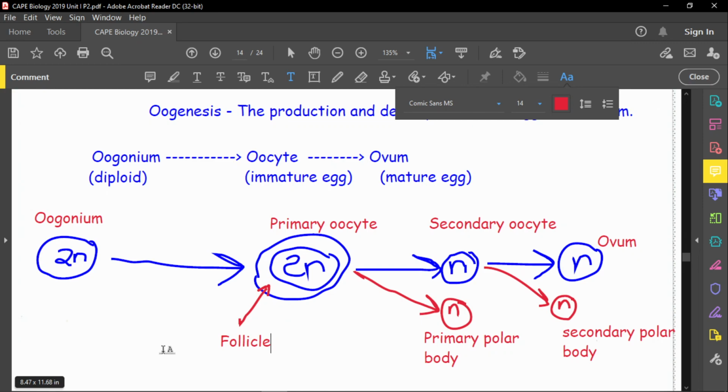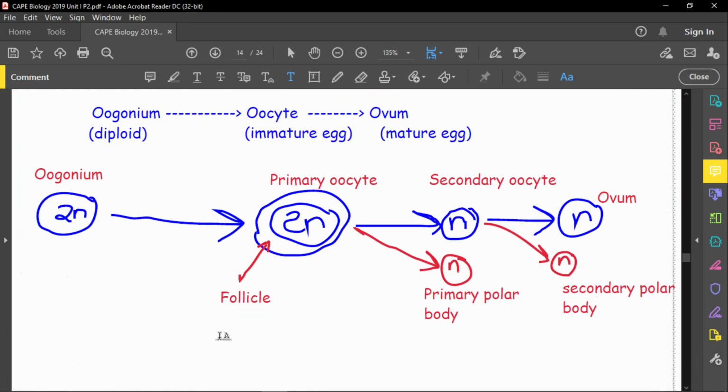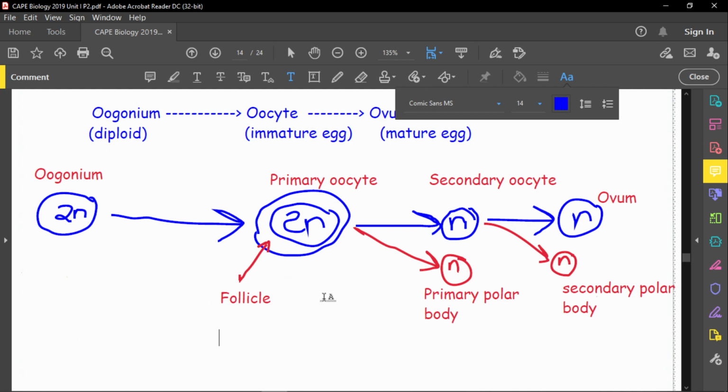Now, also what I want to make note of is something specific right here. Let me start from the oogonium. The oogonium, which I also mentioned before, is diploid.